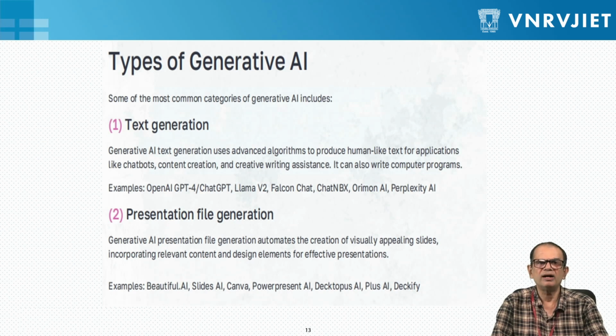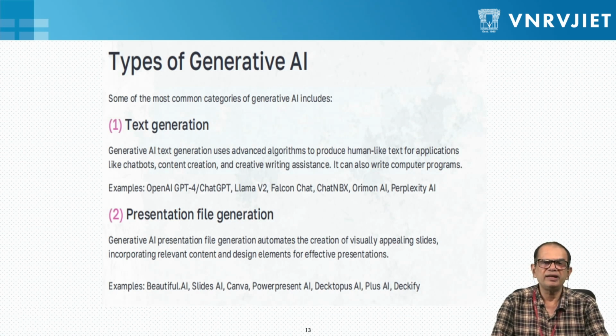Now, there are different types of generative AI. One of the types is text generation, wherein we generate different text. For example, if you take OpenAI's GPT, ChatGPT, Llama, all these are basically the architectures which help to generate text. Now, we have a second type, which is presentation file generation.